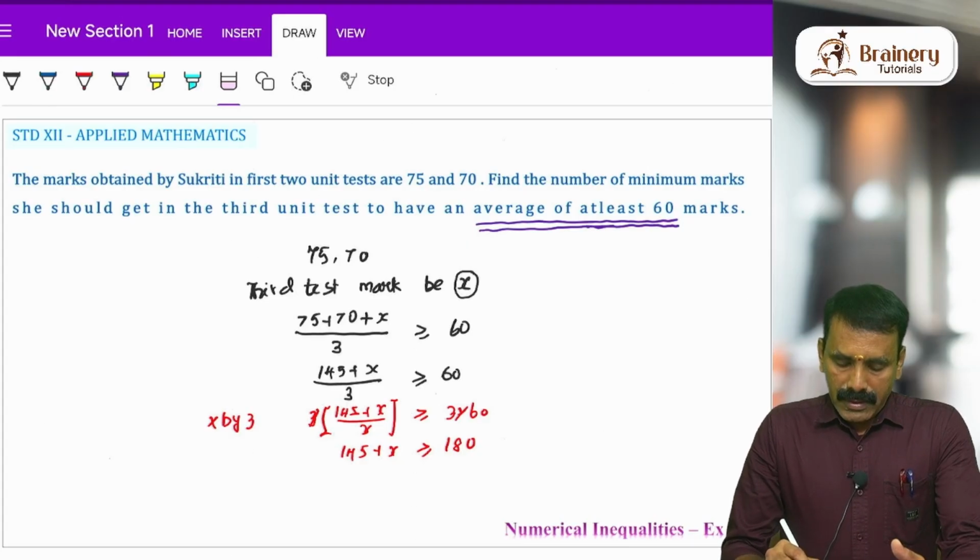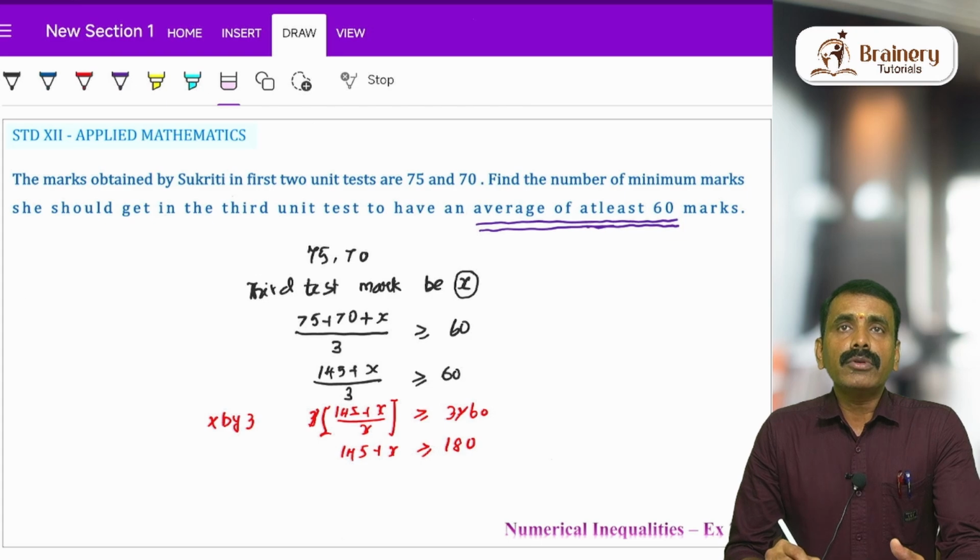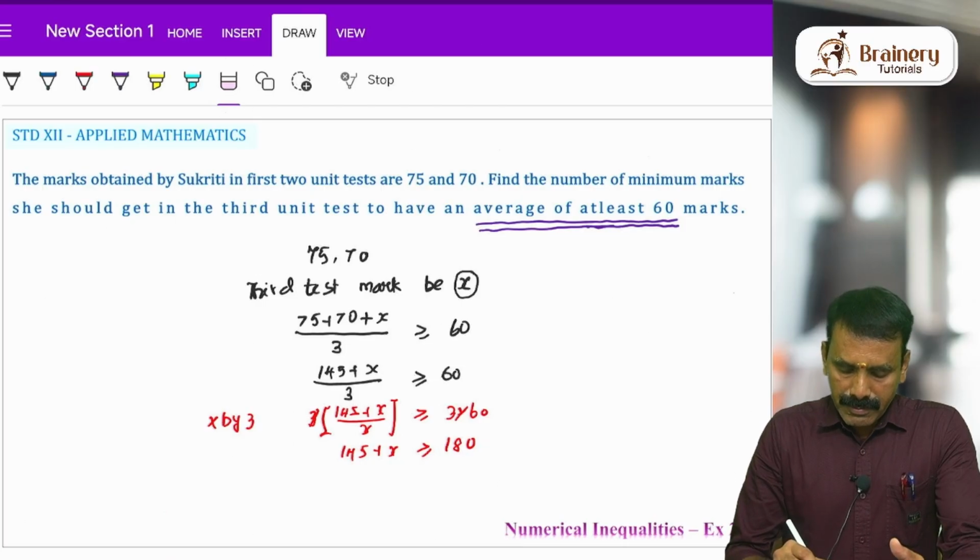Now this 145 is in addition with this x. So how to remove that 145 on the left hand side? We have to add the additive inverse of 145 on both sides. So we simplify this expression further. 145 plus x minus 145 is greater than or equal to 180 minus 145.